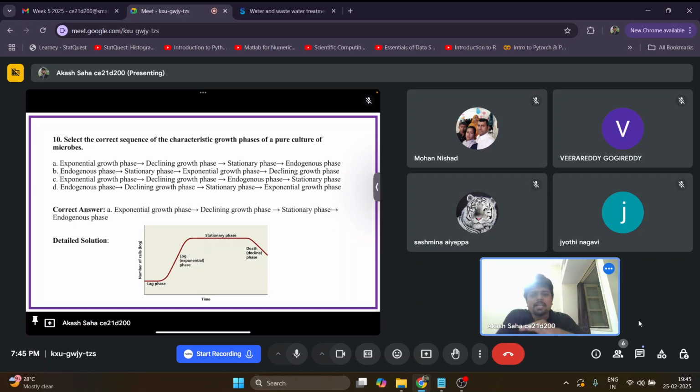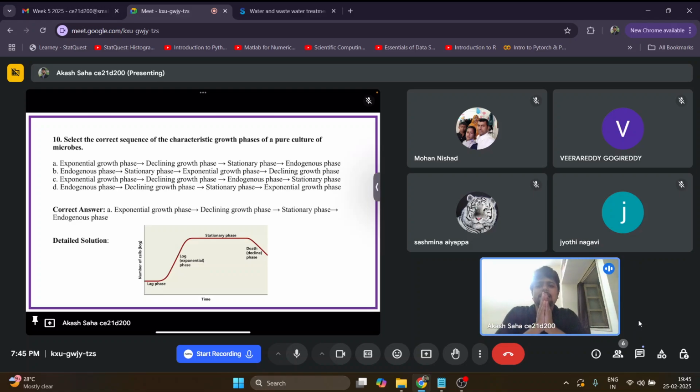There will be a little increase in growth, but not in the exponential range. Once it overcomes the lag phase and gets acclimatized, then the exponential growth happens. We have seen some formulas related to this exponential growth phase.